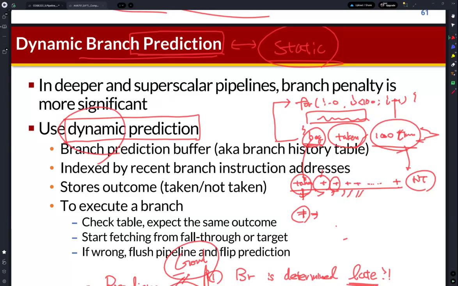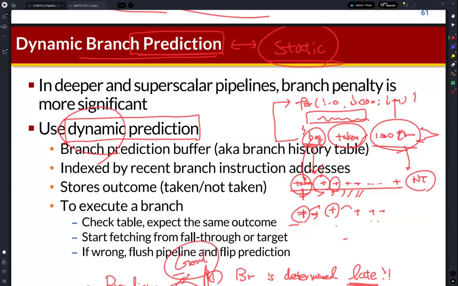We can predict the next result can be taken again, and then taken. Once the branch is taken, we can predict that it will be taken again. So this is an example of a branch instruction.